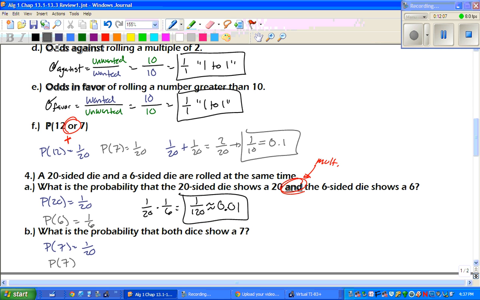What do you think? There's only 6 numbers. So there's not a very good chance that's going to happen because there's 0 probability. So when you multiply those numbers, you get 0. 0 over 120, 0. That is never going to happen. No chance. All right, let's flip it over.